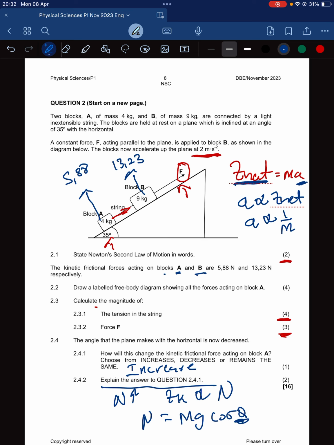Use the angle on both sides. So firstly put the 35 on the second one, decrease the angle. If you decrease the angle, you will see that the normal force is going to increase in size, which simply means that in this particular question, the kinetic friction is going to increase. And then you explain your answer.